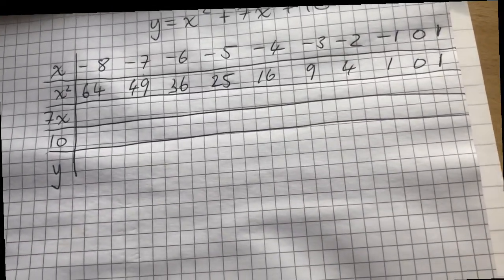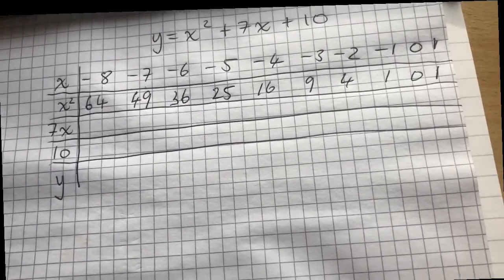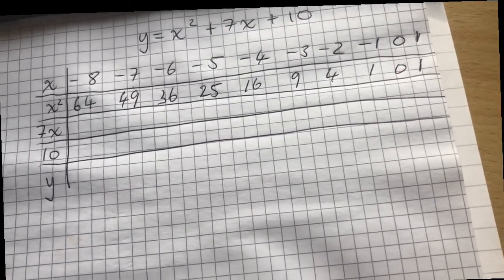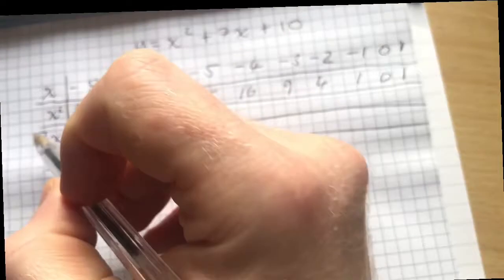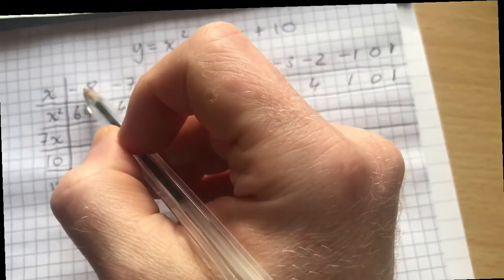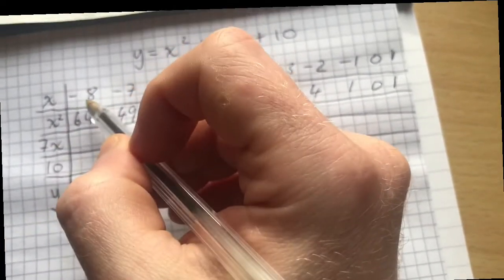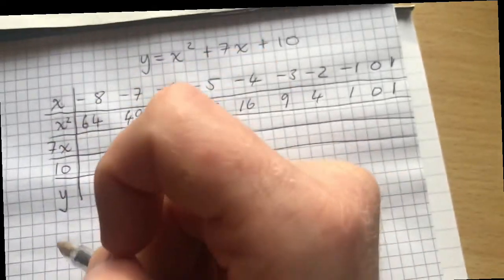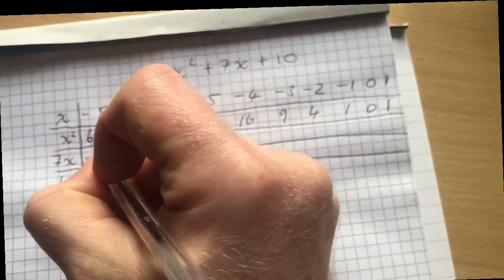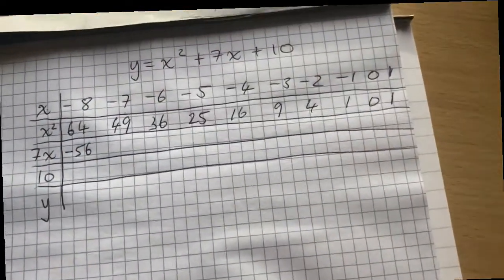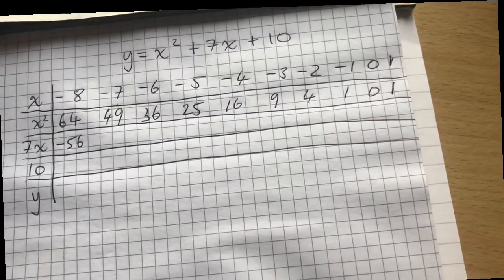The next row down is 7x, that means 7 times x. Now, 7 times x in the first column is when x is minus 8. So 7 times minus 8 is minus 56, because in this case you're multiplying a plus by a minus.